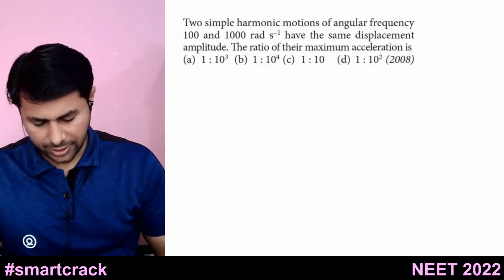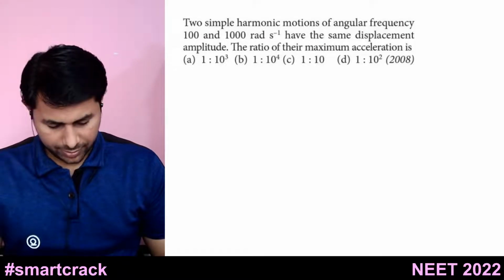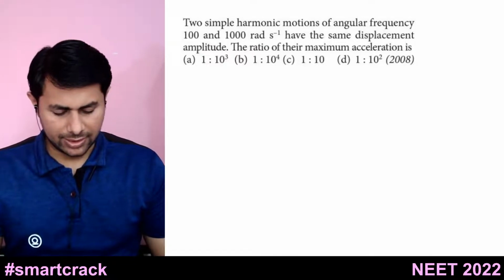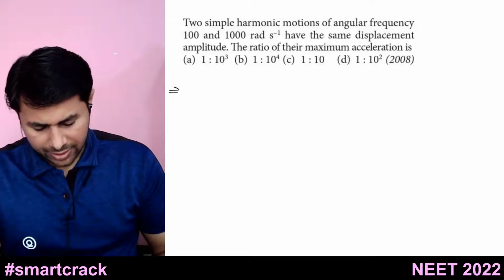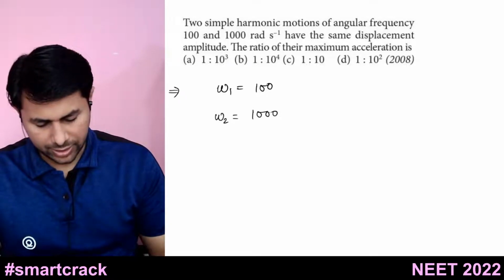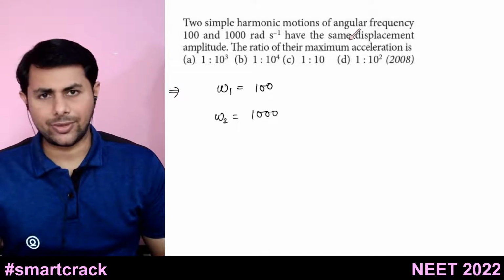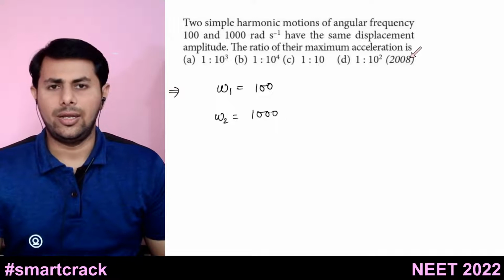Then the next question. Two simple harmonic motions of angular frequency 100 and 1000 radians per second have the same displacement amplitude. The ratio of their maximum acceleration is? So omega 1 equals 100, omega 2 equals 1000, and they have the same displacement amplitude. The question is the ratio of their maximum acceleration.